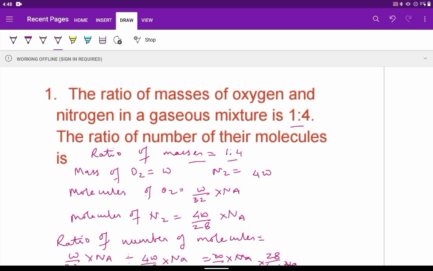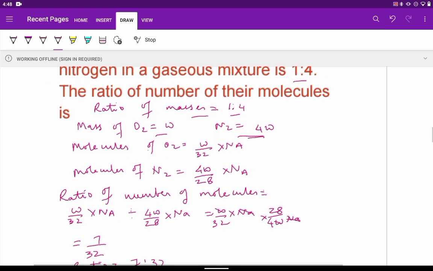Now since the ratio of oxygen to nitrogen is 1:4, if you take the mass of oxygen as W, then for nitrogen it should be 4W. Number of molecules of oxygen: you divide the given mass by its molecular mass, so we divide W by 32 for oxygen, and multiply by Avogadro number Na.